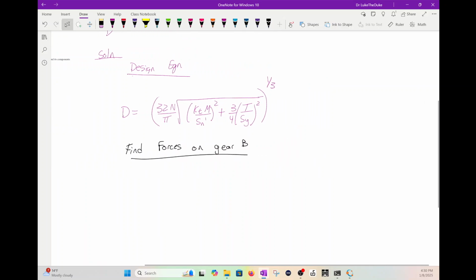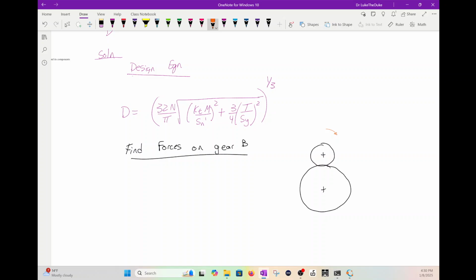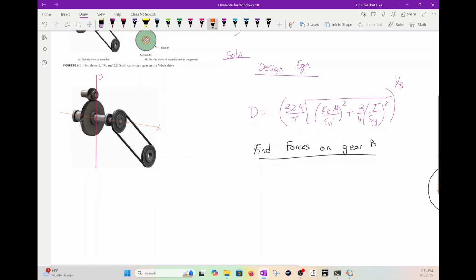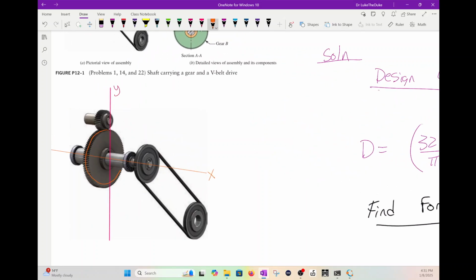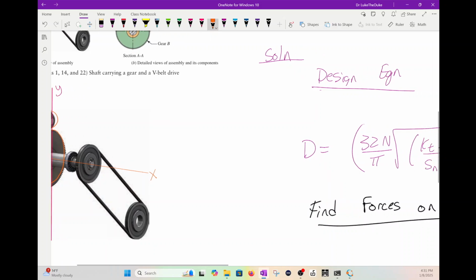So let's do a quick sketch over here. We have this rotating that way, that's rotating that way, and we have a torque TB. This is Q, and then the bottom is B. So we're looking pretty much at this setup right here, just sideways.